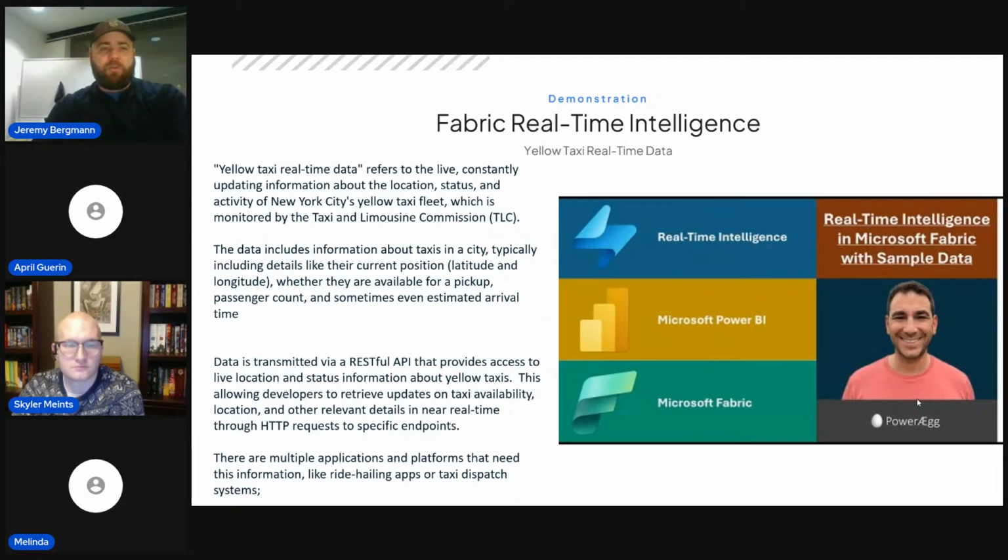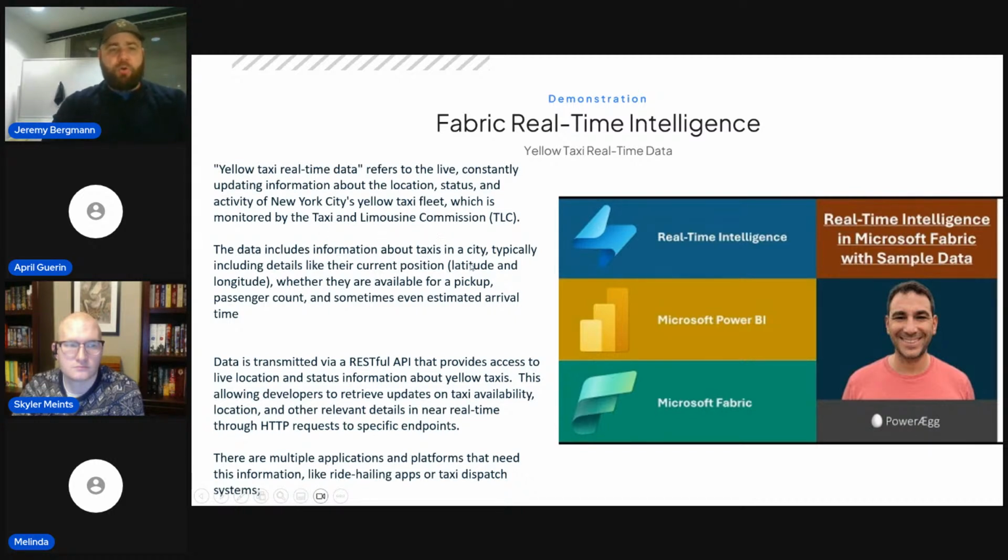So the final slide is a demonstration on Fabric real-time intelligence. Well, I frame the challenge here a little bit. So they're using Yellow Taxi real-time data, which is live streaming data for New York City's Yellow Taxi fleet, which is monitored by the Taxi and Limo Commission.